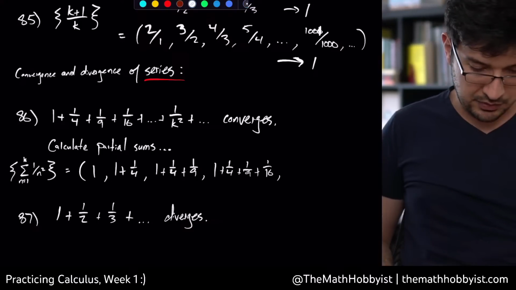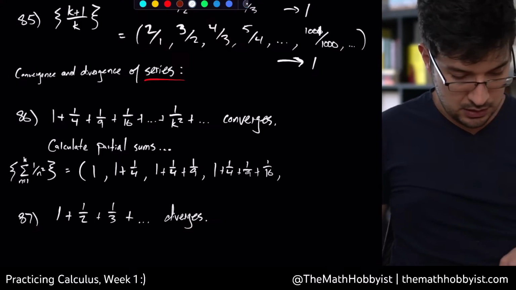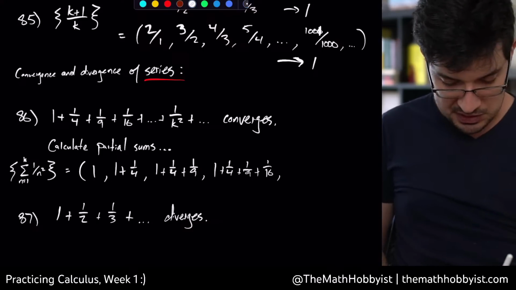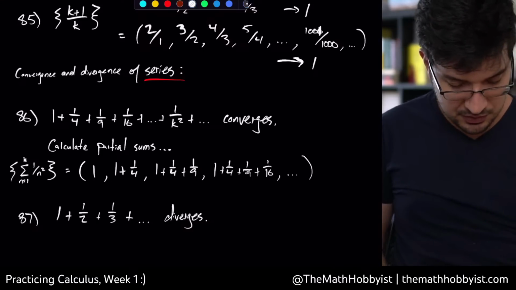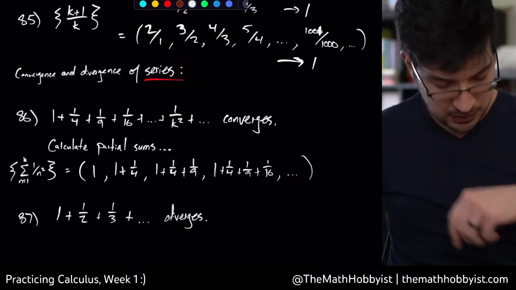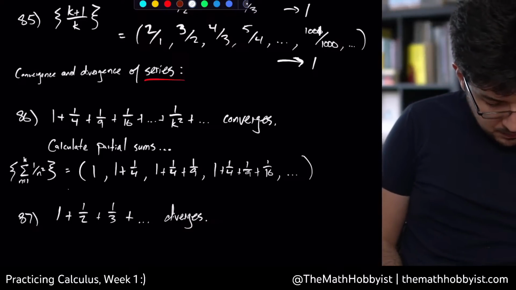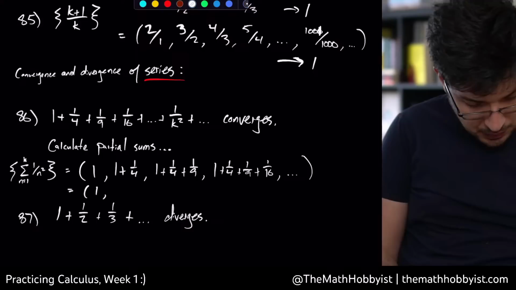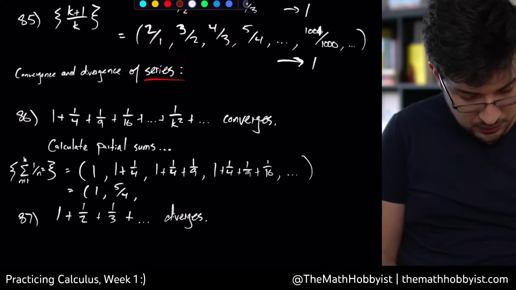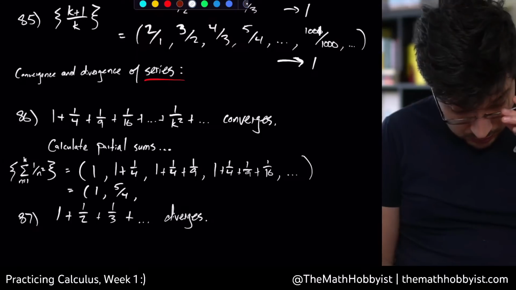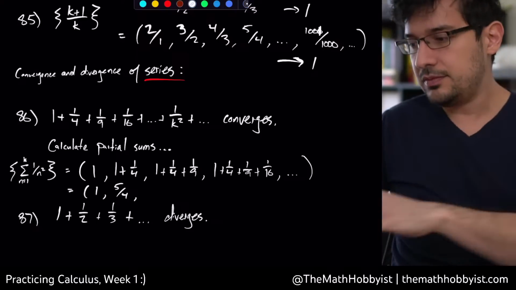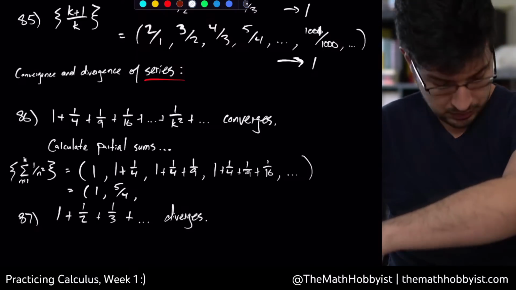We could ask ChatGPT, how many partial sums are we going to need to convince ourselves that this is going to converge? So here I've written out some partial terms. 1, 5/4. Let's just get decimals.